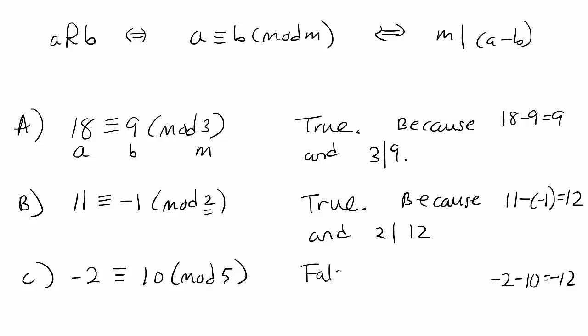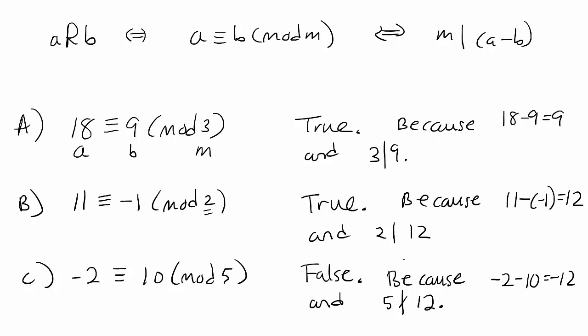No, so this is a false congruence. I'll say false because negative 2 minus 10 is equal to negative 12, and 5 does not divide 12. Notice I'm putting the vertical line that represents division, but with a slash through it to indicate that 5 does not divide 12.